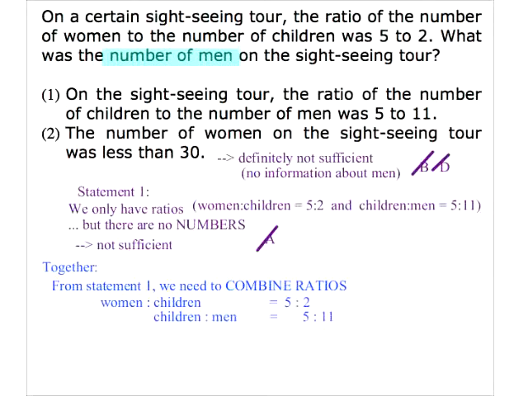Does anybody know how to combine these ratios? Right now you have this awkward situation where this number is not the same. This number is a 2 in one of these, but it's a 5 in the other one. So how can we combine those?